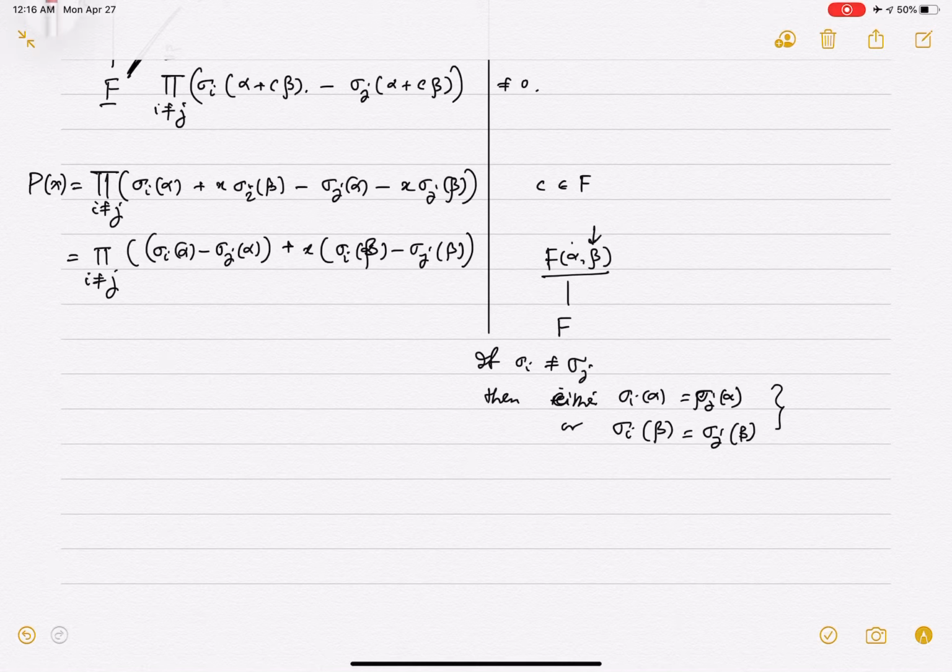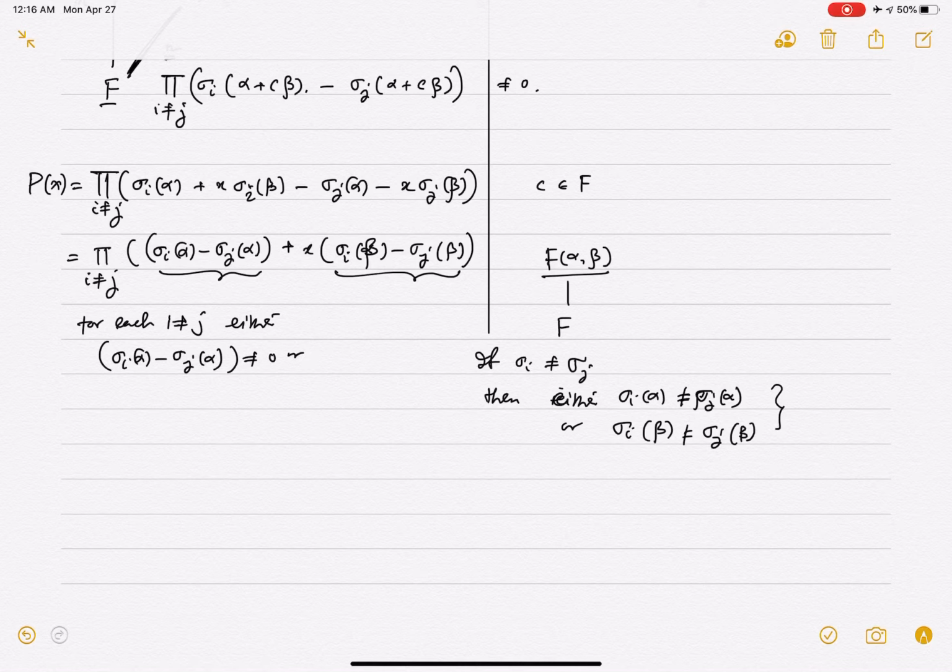So that means if they're distinct embeddings, then they have to differ either on alpha or on beta, which means either this is non-zero or that is non-zero. For each i not equal to j, either sigma i alpha minus sigma j alpha is non-zero, or sigma i beta minus sigma j beta is non-zero.